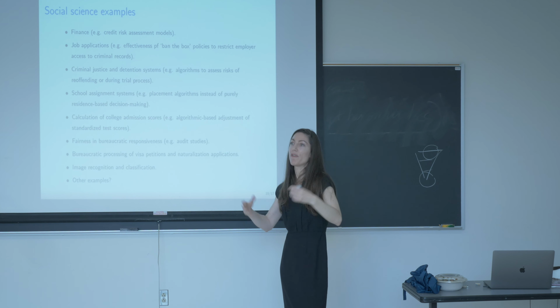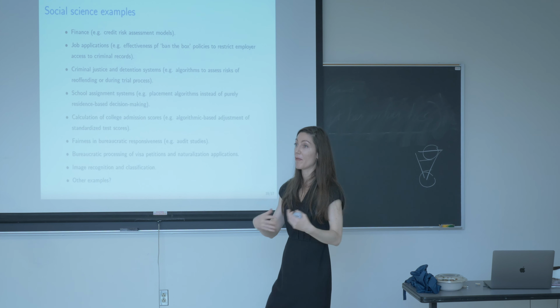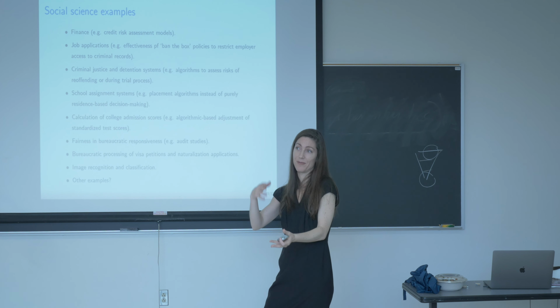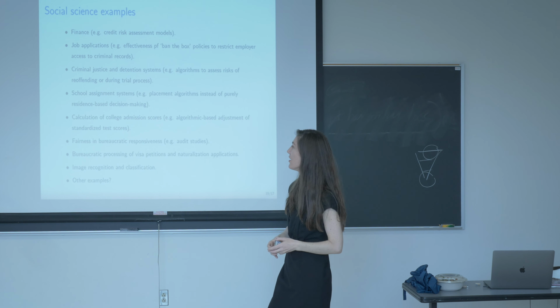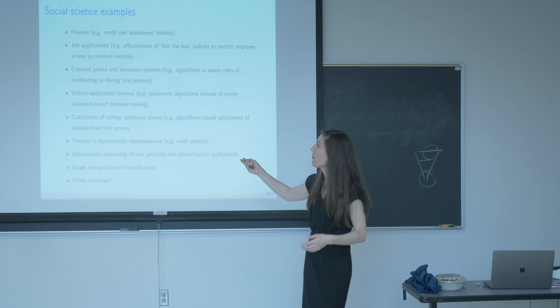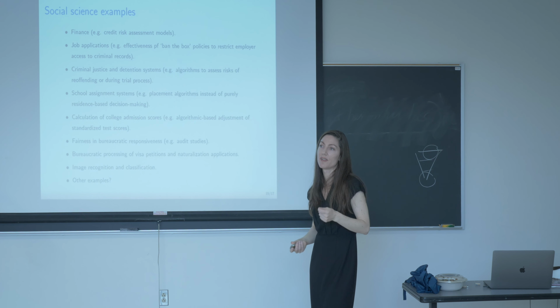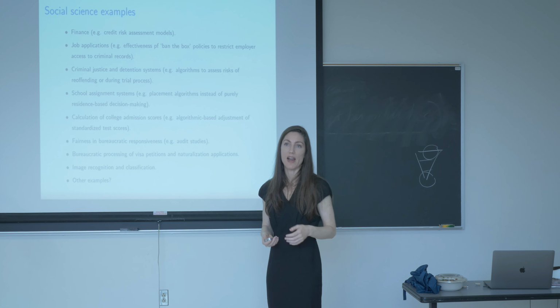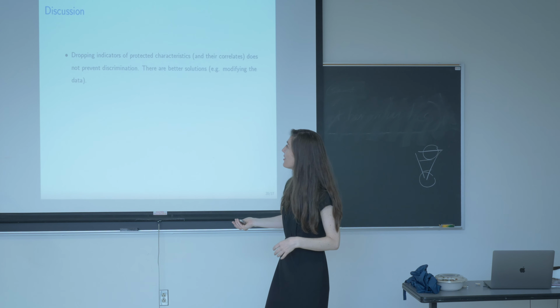Okay? A lot of audit experiments have been conducted, and we have so many replication packages that have the type of data that I would need for an application like this one. So I think that I'm going to be working on that, but there are examples from all over the social sciences that could also be used and that I might work on in the future, depending on access to data and so on. So that's it.